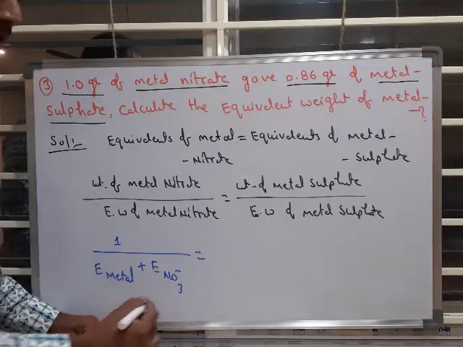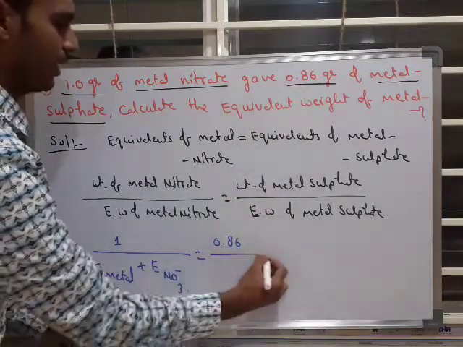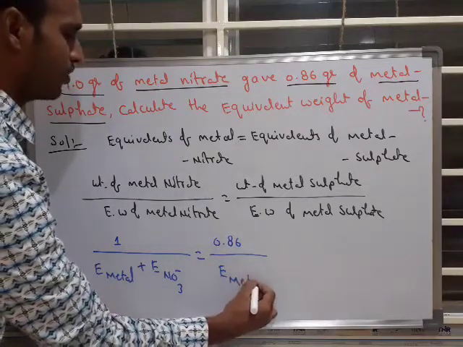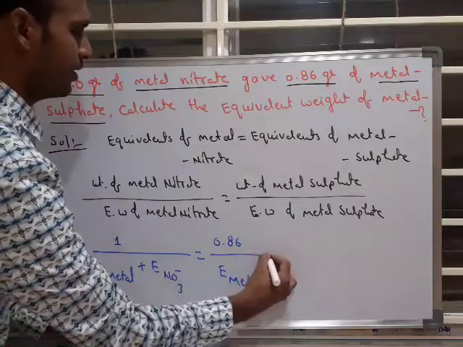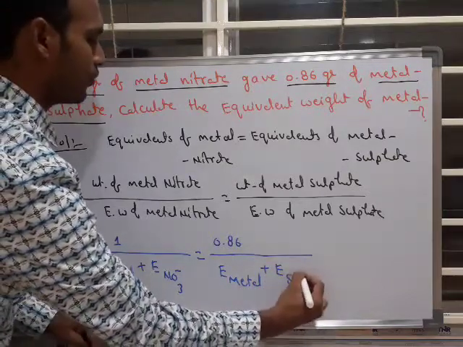What is our metal sulfate weight? 0.86 gram divided by the equivalent weight of metal plus the equivalent weight of sulfate, which is SO4 minus 2.